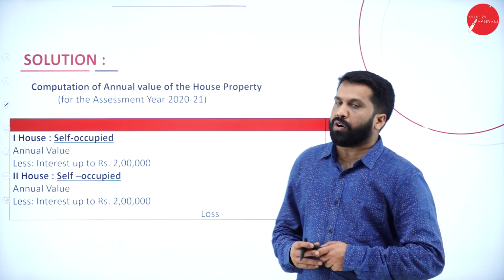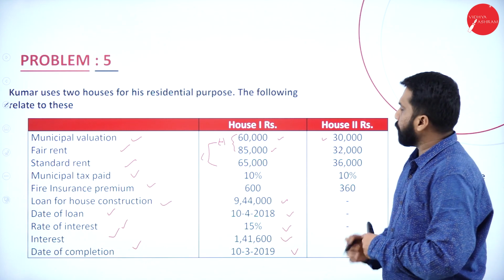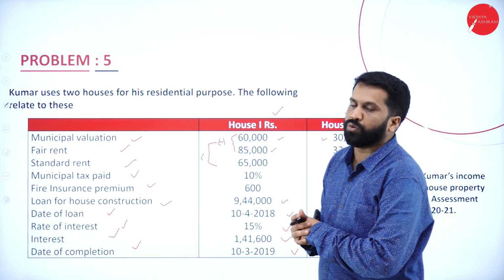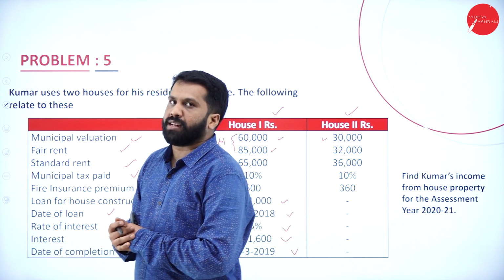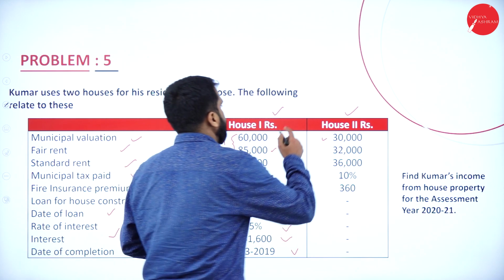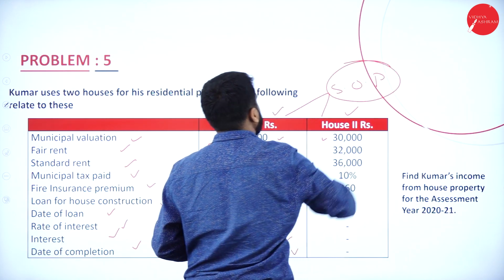Now in this, what happened? They have not mentioned actual rent received for house 1, or actual rent received for house 2 either. If the actual rent is not given, then what should we do? We should consider it as self-occupied property.